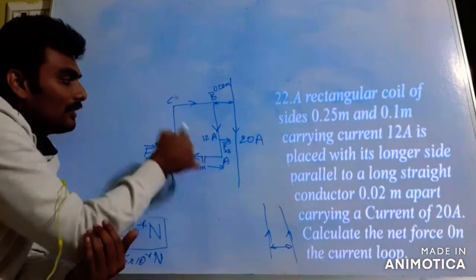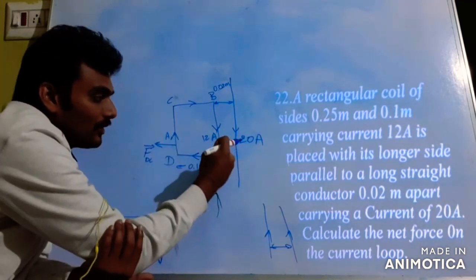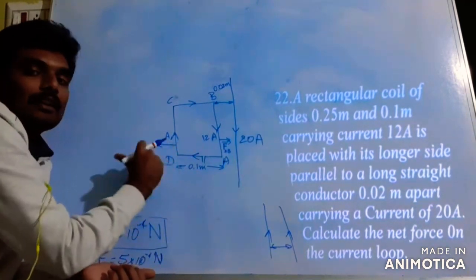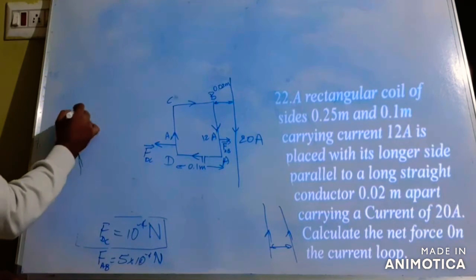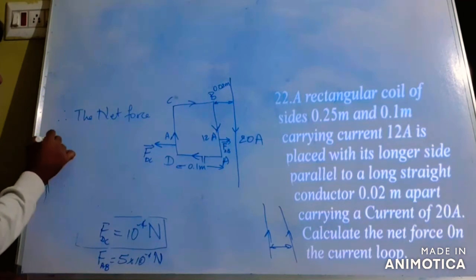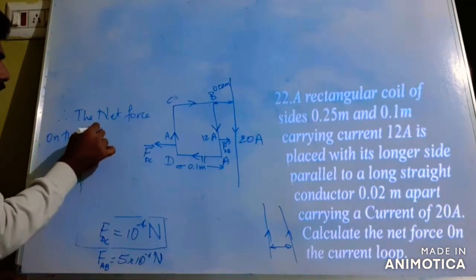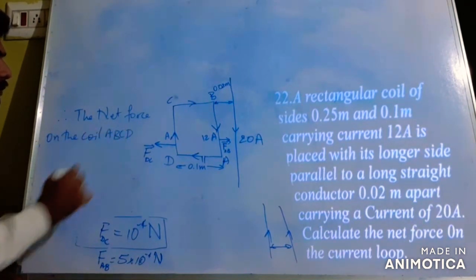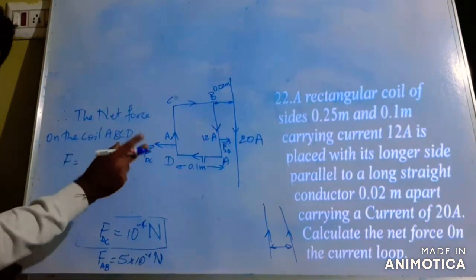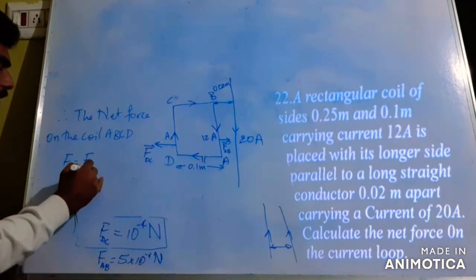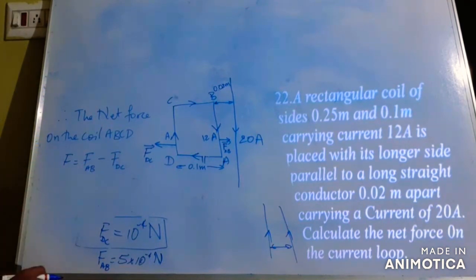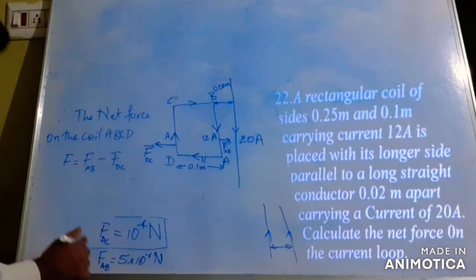So this system is experiencing a certain force FAB in this direction and a certain other force FDC in the opposite direction. Therefore, the net force on the coil ABCD is F equal to, since they are exactly opposite forces, FAB minus FDC.